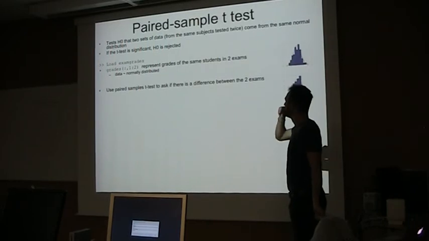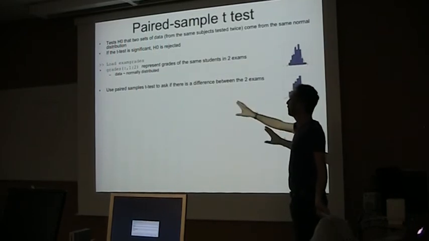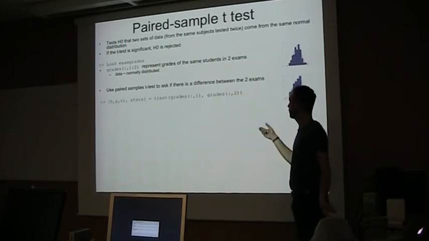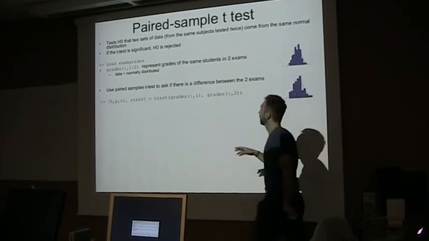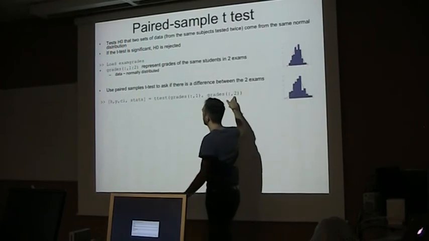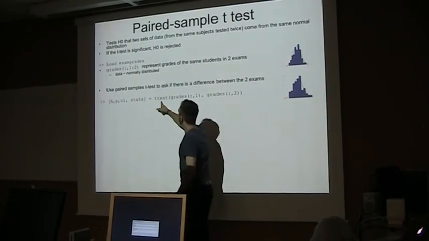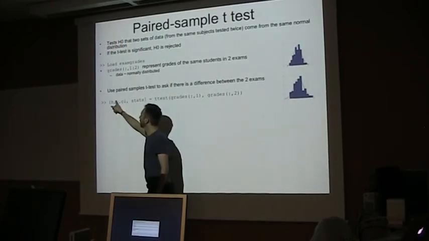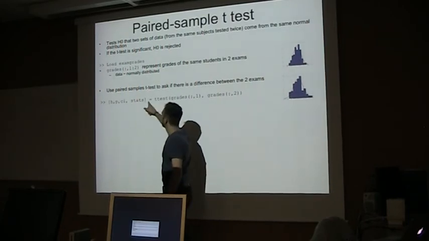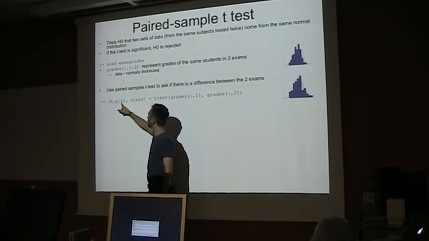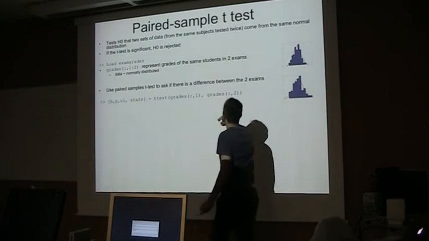Okay. So I'm going to use this paired sample t-test to ask if there's a significant difference between the two exams, and that's the formula. So the function is ttest, and here I'm increasing the outputs I'm getting to get some more statistics, confidence intervals, and p-values.